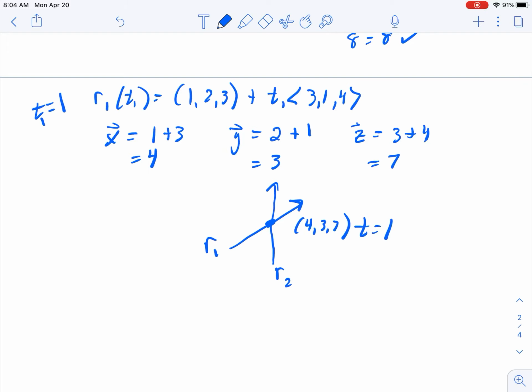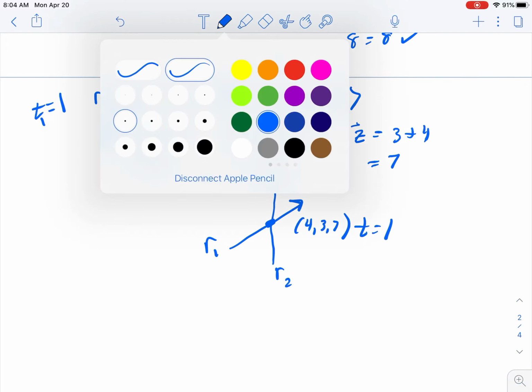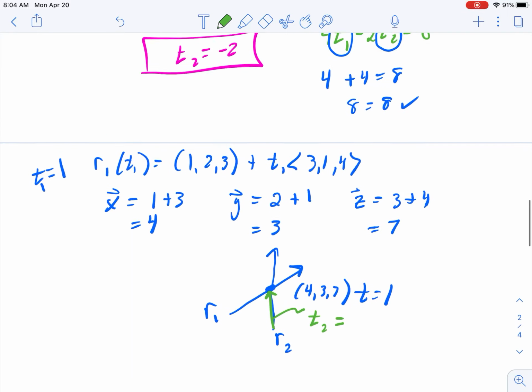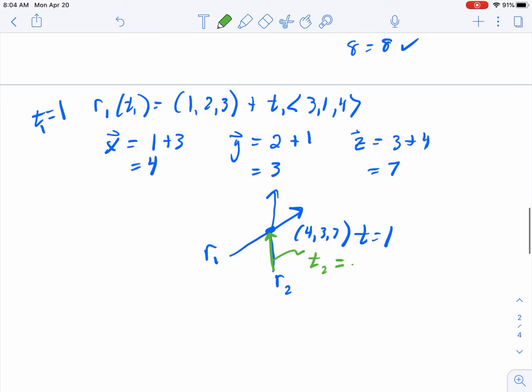Our equation 2 will be at this location at time 2 of, what did we say, -2 seconds ago. So notice a gap of 3 seconds apart, or 3 minutes, 3 hours, depends what you're doing. If it was planes, 3 seconds apart, it'd be awful close. 3 minutes, not bad.